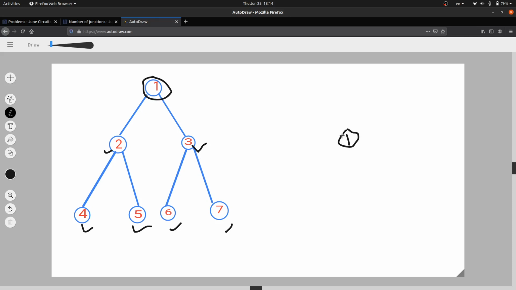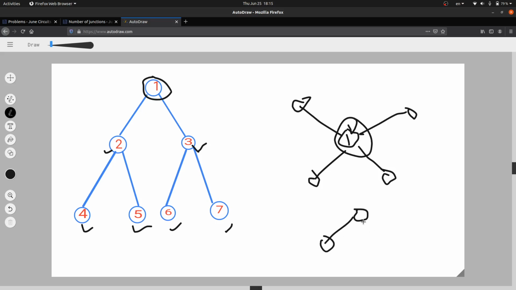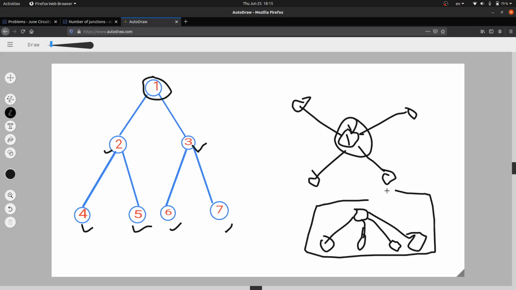Whether this tree looks something like this, it doesn't matter how the tree looks, we will always consider node number 1 as the root, so we can visualize it like this. So no matter how the tree looks, we will always consider 1 as the root node, and you can visualize it as if we have hung this tree from root number 1.